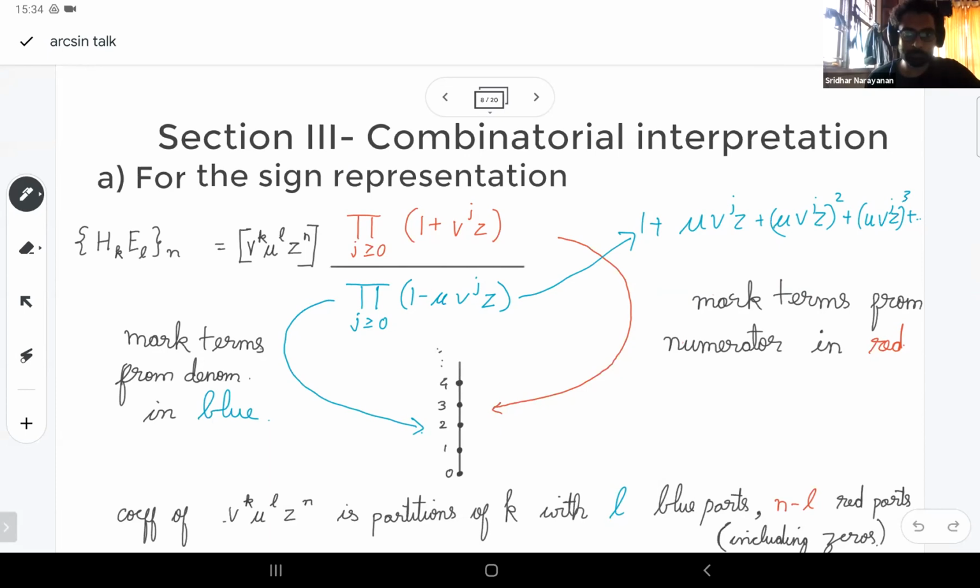Maybe what is confusing is saying that this is a partition. I could say these are figures of weight k.